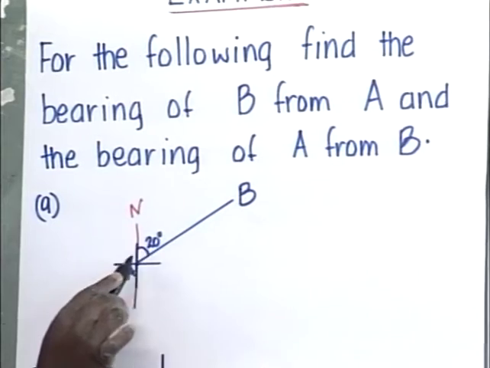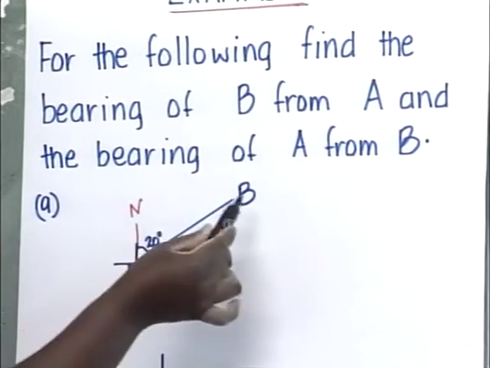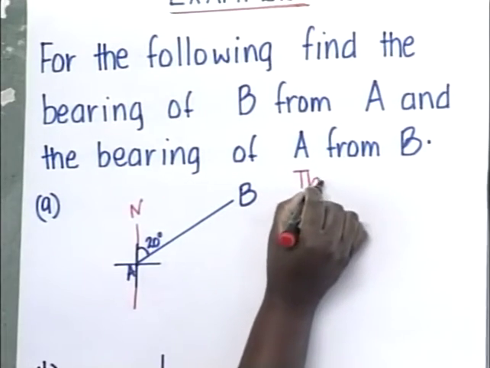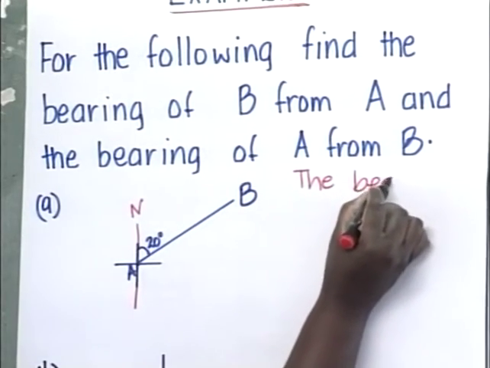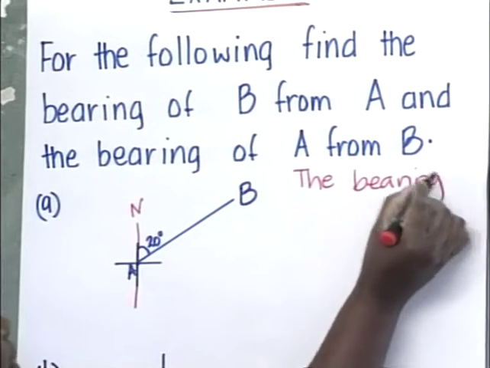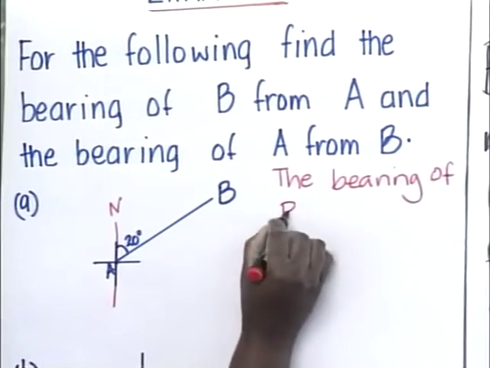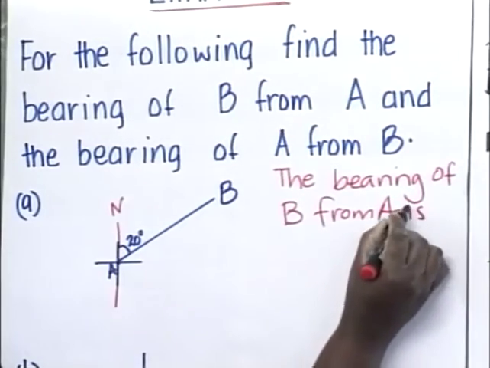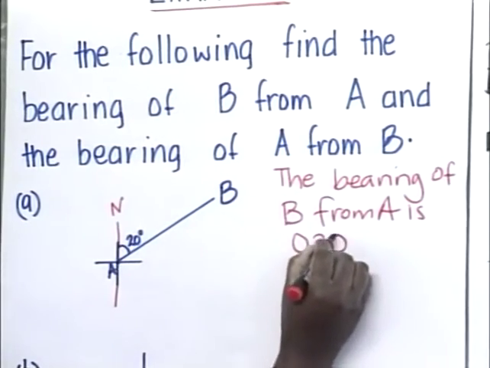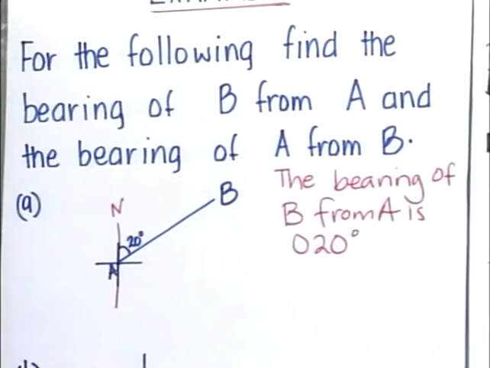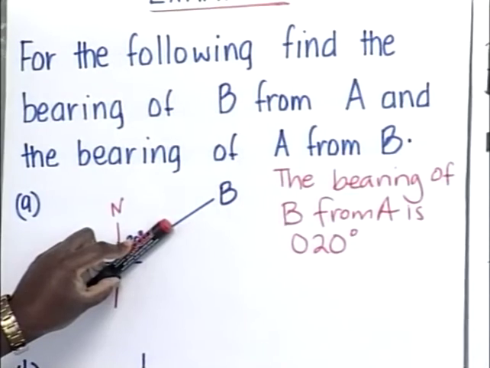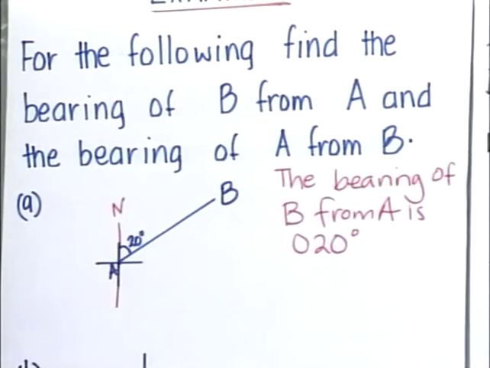This angle from north to the line that indicates where B is from A. The bearing of B from A is 020 degrees, because that's from north going clockwise, and you stop at the line that indicates the direction of B. So that's 20 degrees, but it's 020.